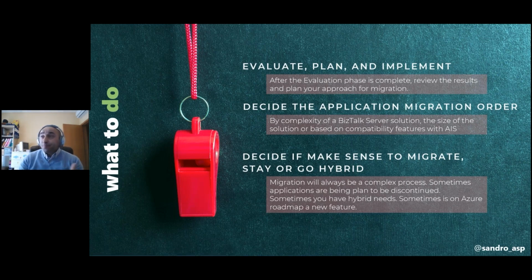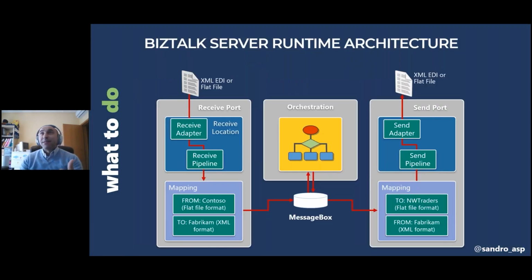And again, you have to remember that this is BizTalk: PubSub, 100% PubSub. A message enters a receive port, goes to a receive location that contains an adapter and a pipeline to normalize the message. We can apply maps or not. It always goes to the message box.